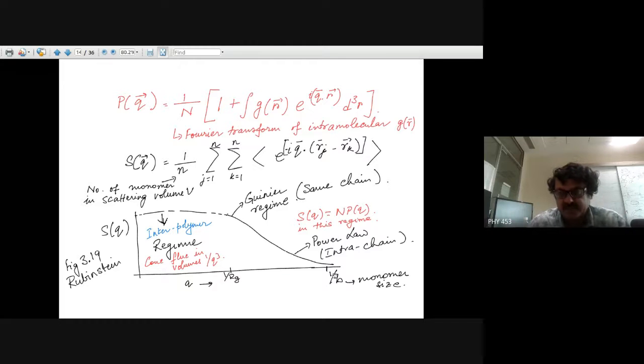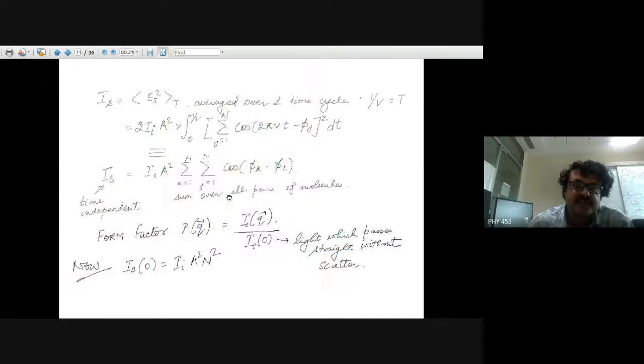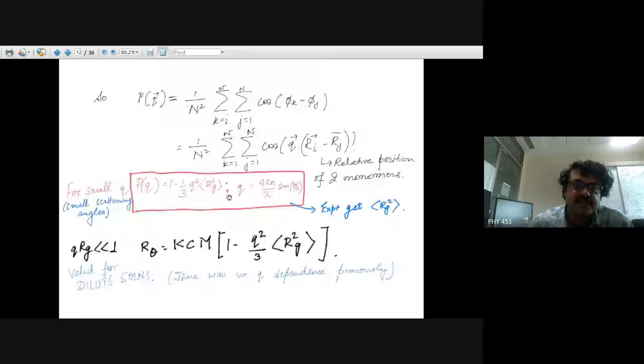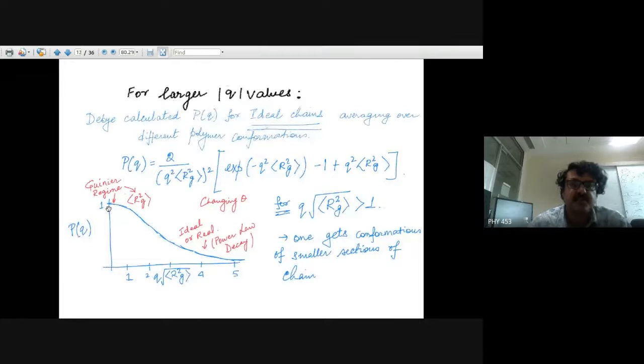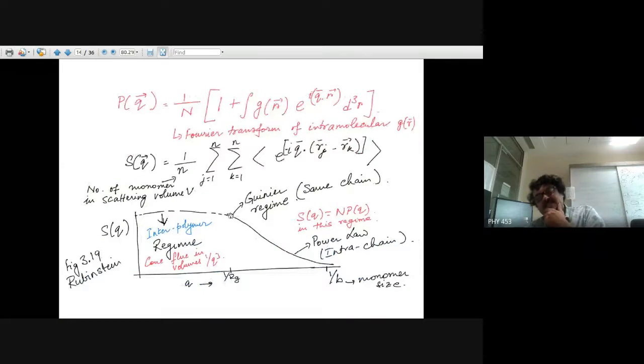And this is the smallest length scale, the monomer size. It doesn't make sense to go to smaller length scales. Large Q is small length scale, whereas somewhere in the intermediate is the so-called Guinier regime, where you get the size, the radius of gyration square average.